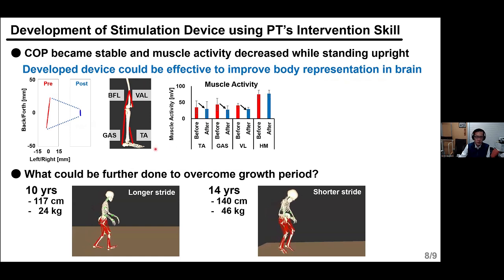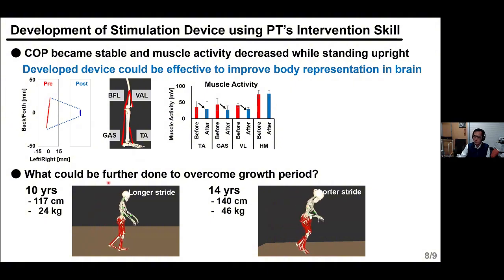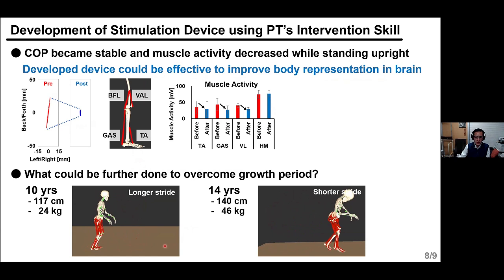However, some difficult problems remain, such as rapid change in body size due to the growth period. The left movie shows the locomotion of a 10 years old child, and the right movie is after 4 years. You may see that the stride length got shorter in the right one.